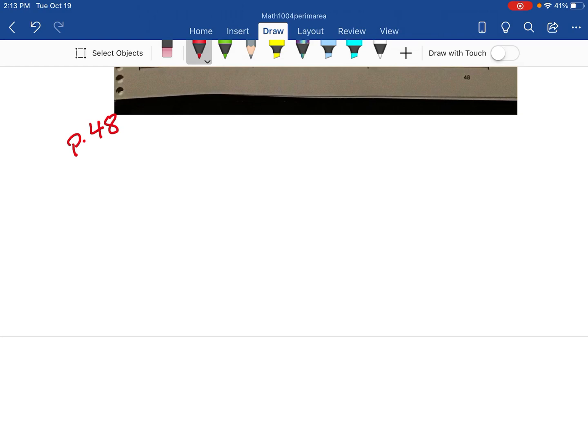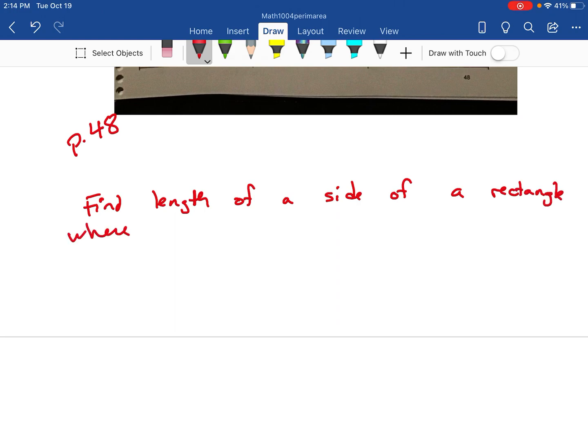Yeah, no. So what if I say to you, find the length of a side of a rectangle where one side is, let's say, 3 inches and the area is, I don't know, 24 square inches.